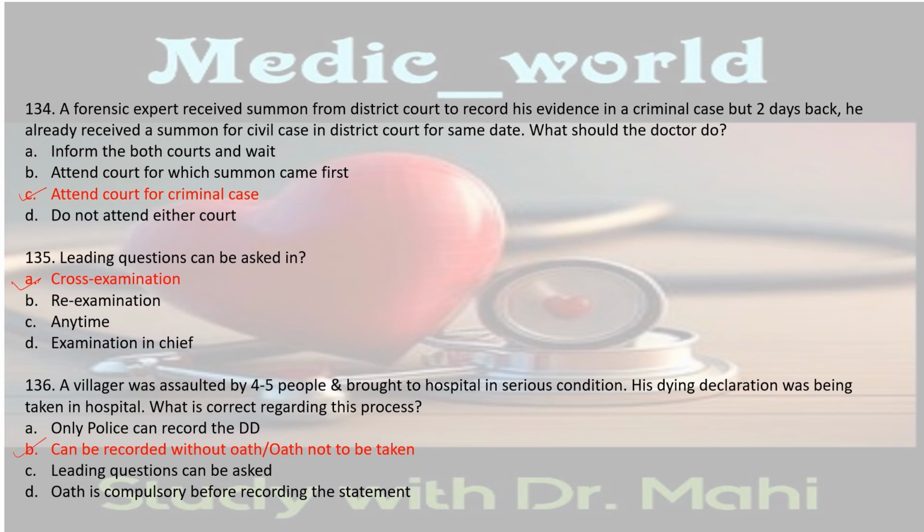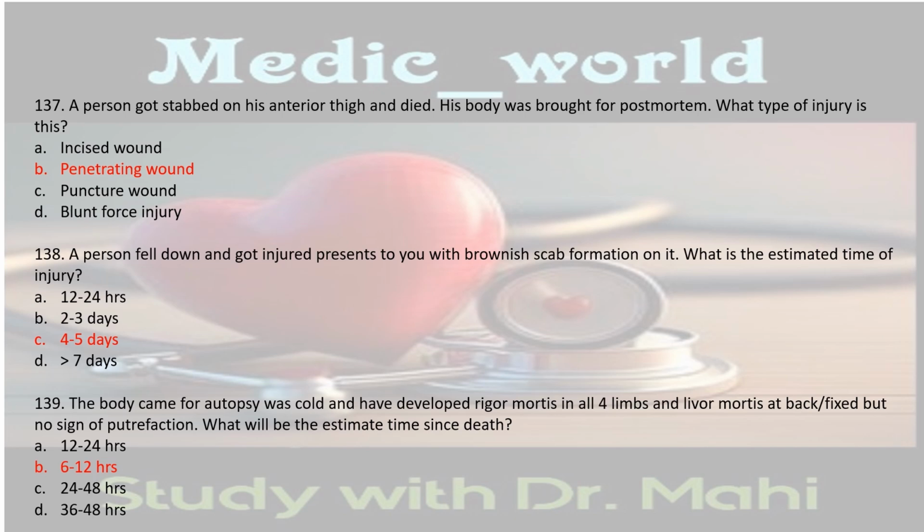Next question. A person got stabbed on his anterior thigh and died. His body was brought for post-mortem. What type of injury is this? This is a type of penetrating wound. A person fell down and got injured and presents to you with brownish scab formation on it.